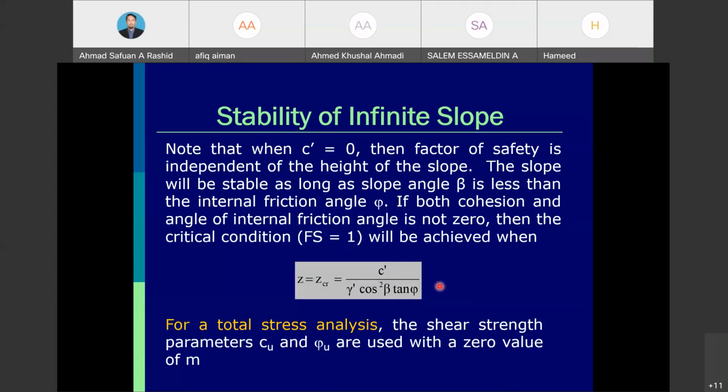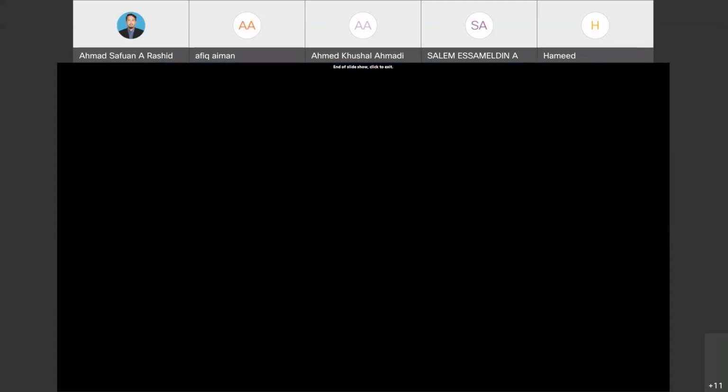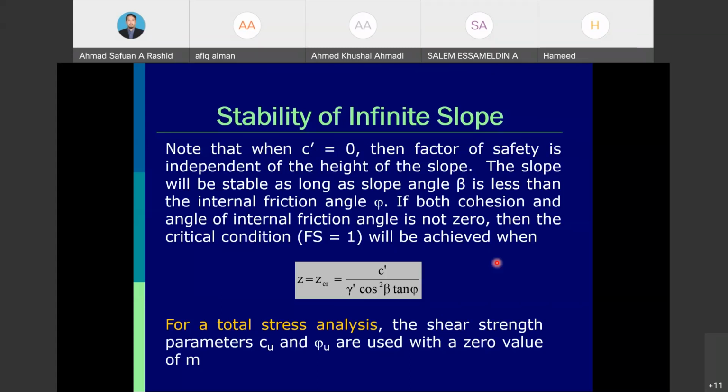For total stress analysis, the shear strength parameters Cu and phi u are used with a 0 value of M. For total stress, we may not consider the pore water pressure, so there will be no value for M. So that is how the derivation for the infinite slope factor of safety goes.